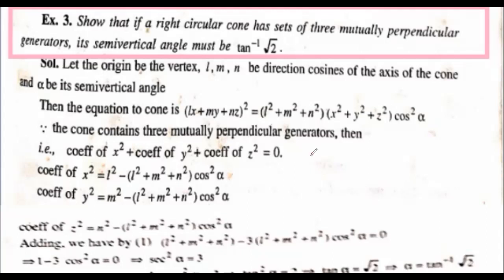Suppose the vertex is x1, y1, z1, and the direction ratios of the axis of the cone are l, m and n.